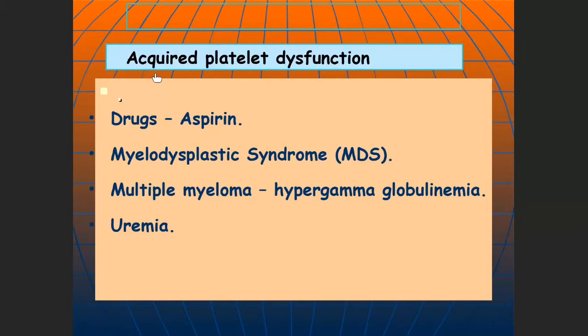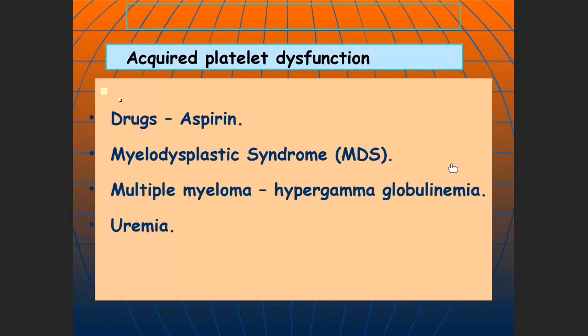Causes of acquired platelet dysfunction. Drugs like aspirin can lead to platelet dysfunction. Acquired platelet dysfunction is also seen in other hematological disorders such as myelodysplastic syndrome, MDS.